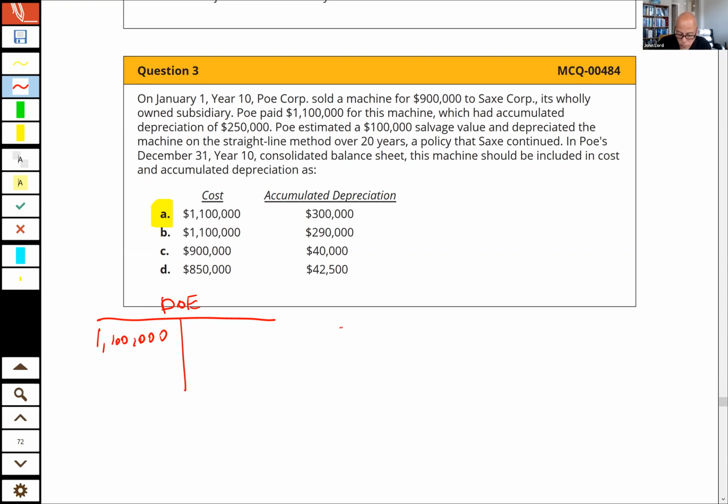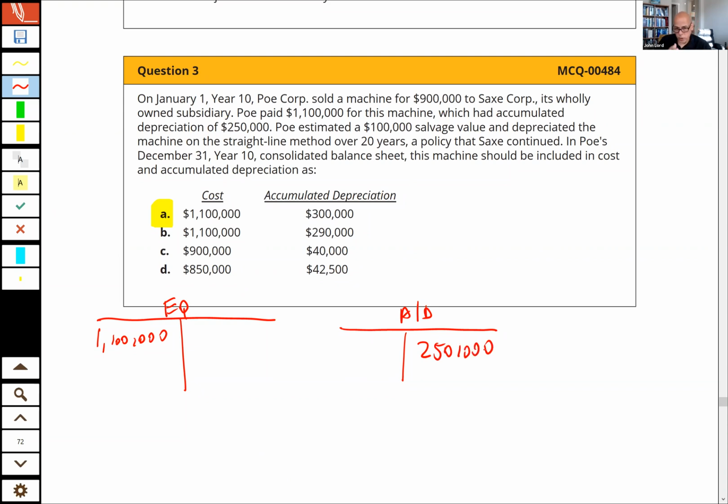Maybe it was way back when, because they also tell me that Poe's equipment had accumulated depreciation of $250,000.